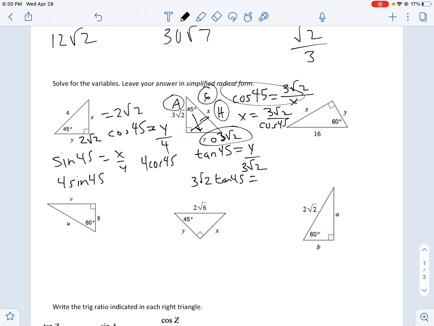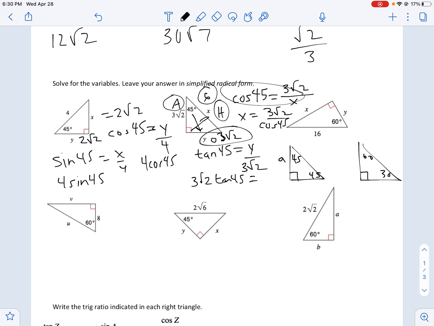Now, don't forget the other way to solve these is if you remember your 45, 45, 90 and your 30, 60, 90. So I don't care which way you do it. Most students just end up going ahead and doing SOHCAHTOA because it's what we've been practicing for forever.